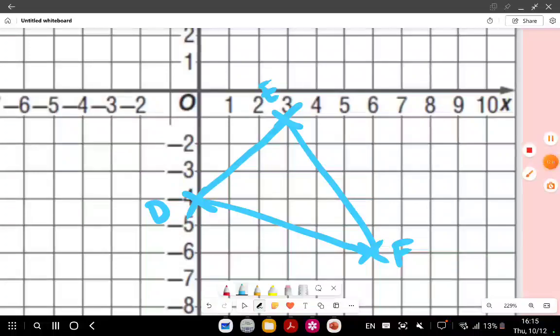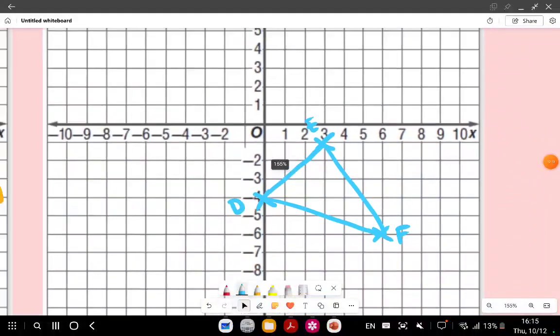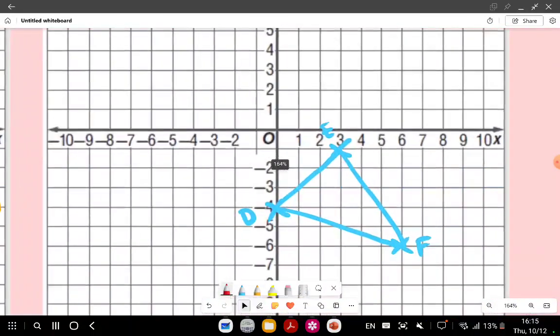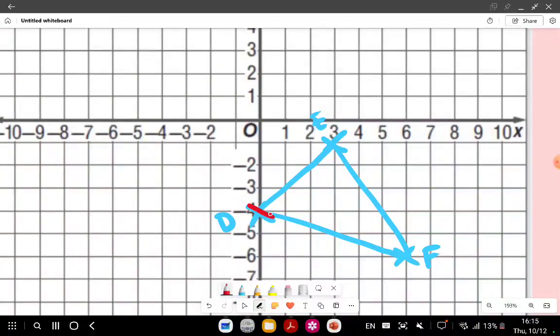There we go. Then we are going to first reflect about the x-axis. So let's do the red one about the x-axis. This one stays, sorry, that's wrong. So the x-axis is here, so it's 1, 1.